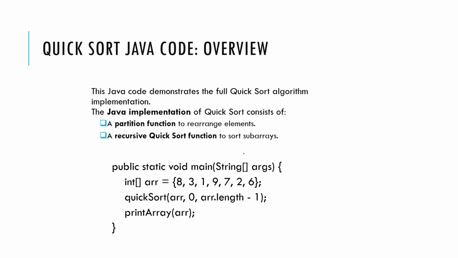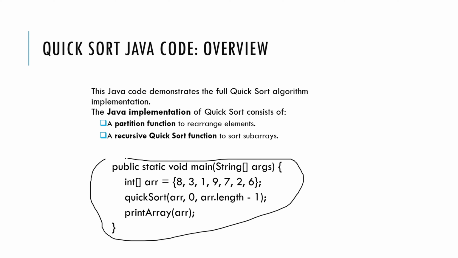Now, how does the Java code look? We have the main method where we apply the same elements of our array list. We use the quick sort, with array 0, array length -1.